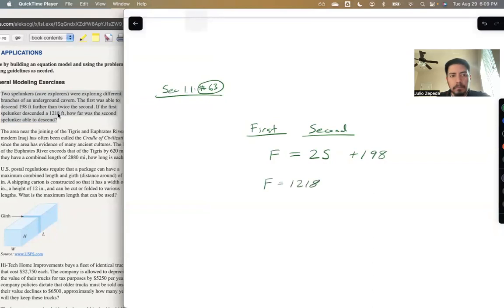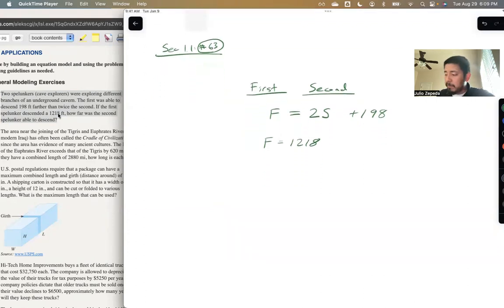How far was the second spelunker able to descend? And I hope I'm pronouncing that right. So here we have two equations with two variables, and we can use the substitution method to solve this.